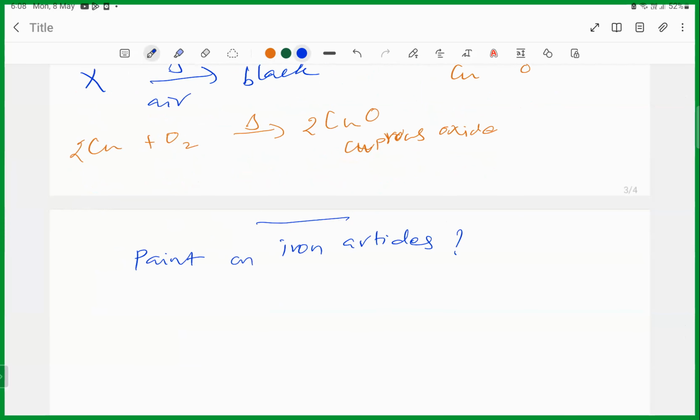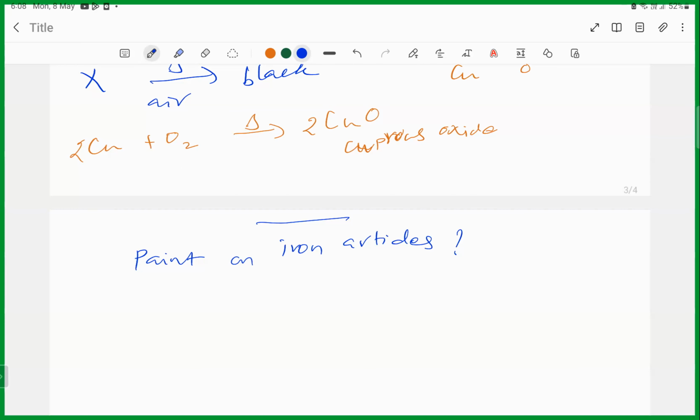To prevent rusting, to prevent corrosion. Very good. To prevent iron articles from rusting, from corrosion, we apply paint on them, by which iron does not come in contact with the air and moisture, which cause the rusting. Okay, next question.